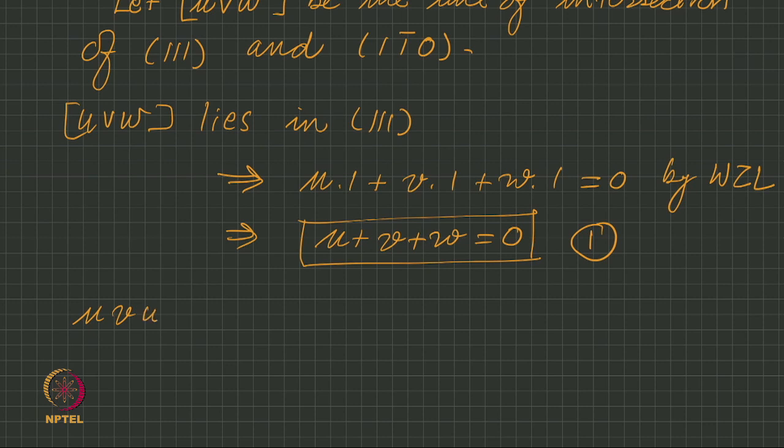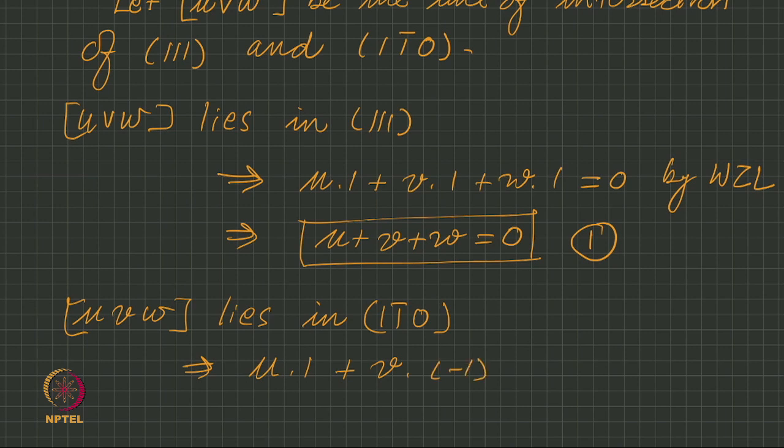But since it is a line of intersection, it lies in the other plane also. So, u into 1, v into minus 1, w into 0 is 0. So, u minus v is equal to 0. This is again the second application of the Weiss-Jones law.